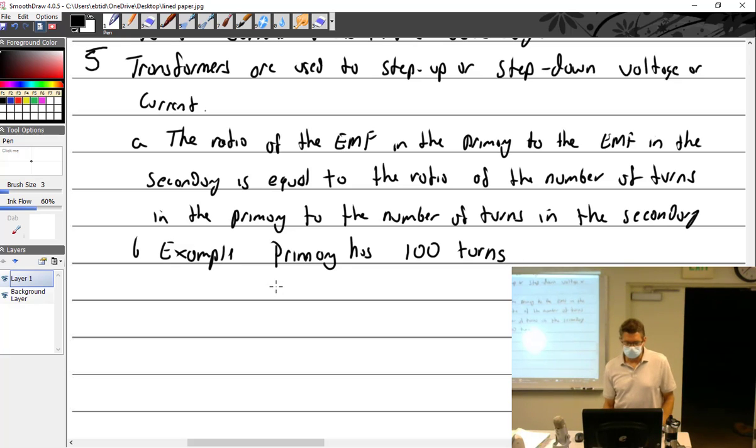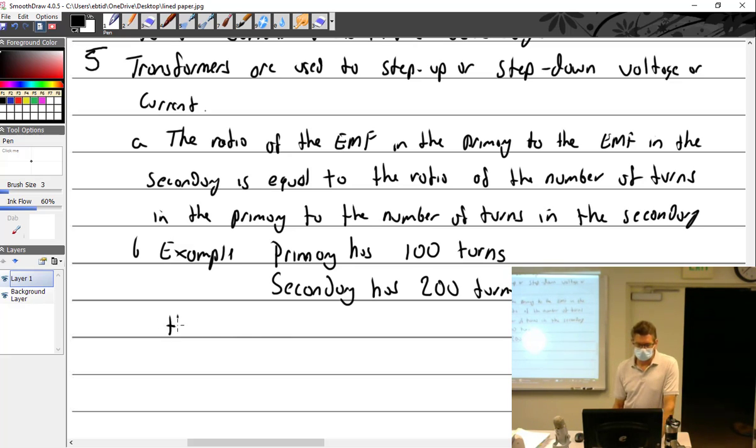And the secondary has 200 turns. The EMF in the secondary will be twice as much as the primary.